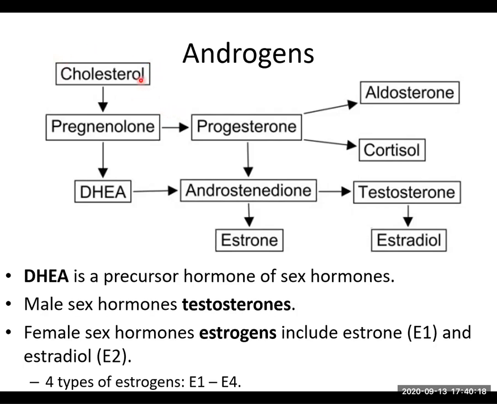This is not a protein, this is not triglyceride, this is a derivative of the cholesterol. And you don't need to memorize all these blocks, these different molecules. I just want to show you that the final sex hormones, the testosterone and the estrogen, and DHEA is the precursor of these final products.